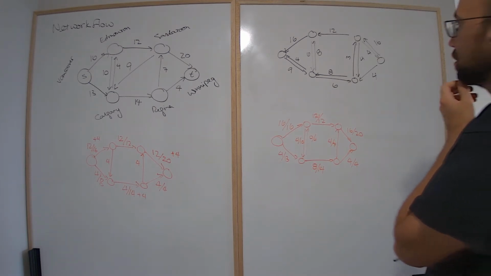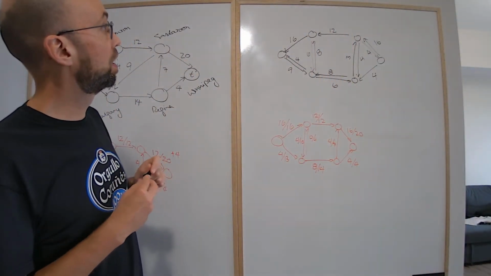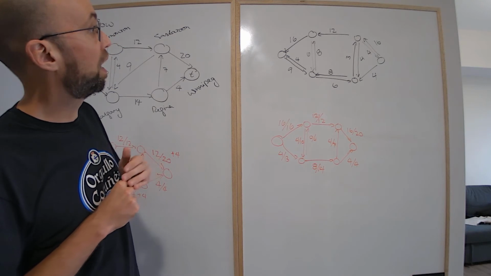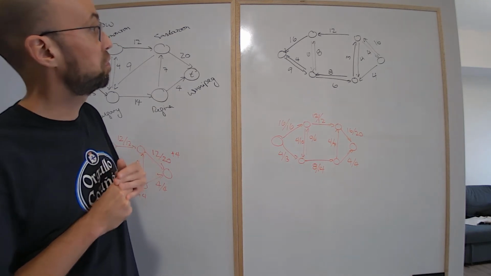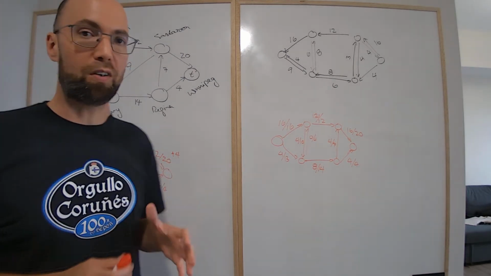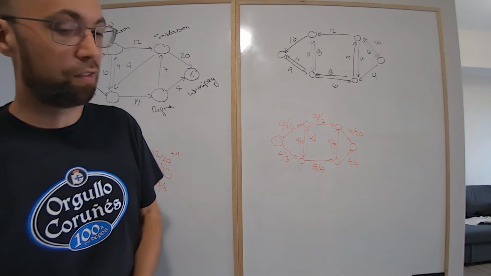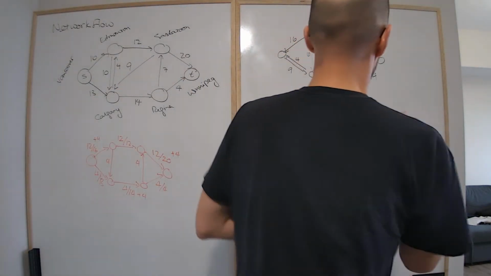Yes, yes. Okay, so now, is there a path? Yes. Okay. So can we find, now this is called an augmenting path. Okay. So it's these fancy terms.